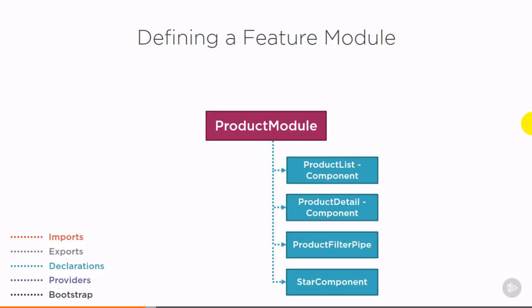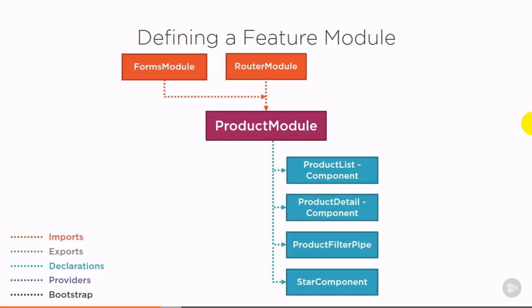We import these needed capabilities from other Angular modules. Our product components use routing, so we import the system router module. The product list component uses ngModel, so we import the system forms module. And we need ngFor and ngIf. So do we pull in the system browser module? Nope.